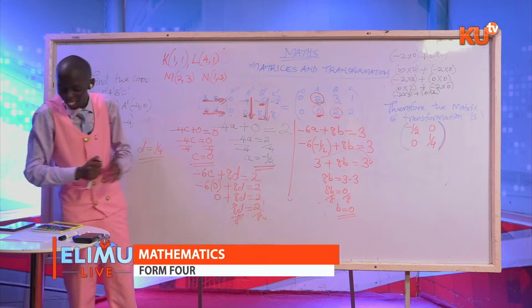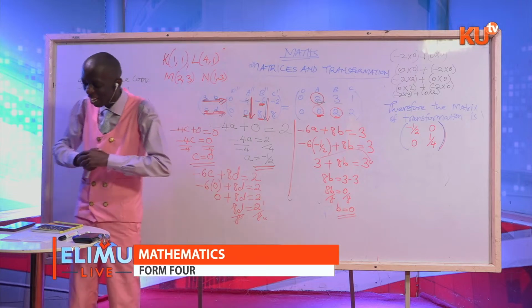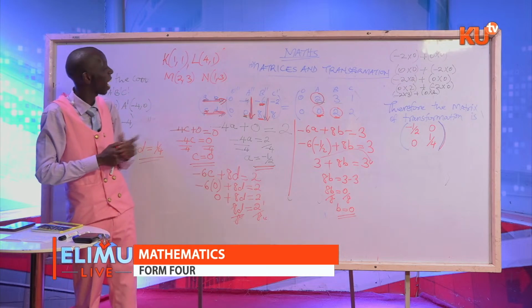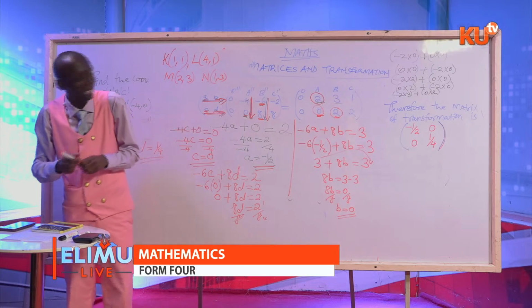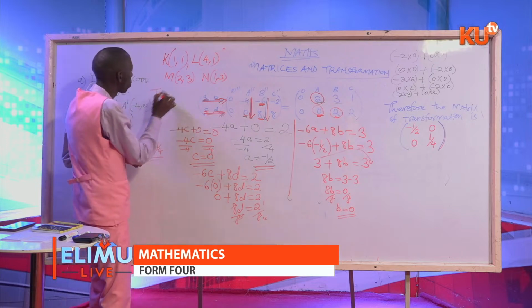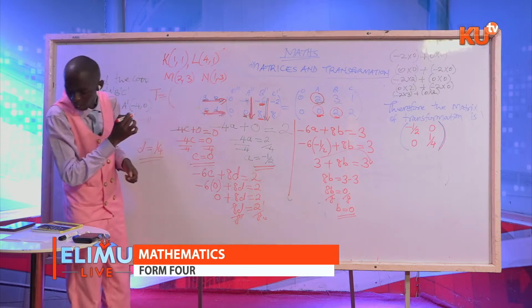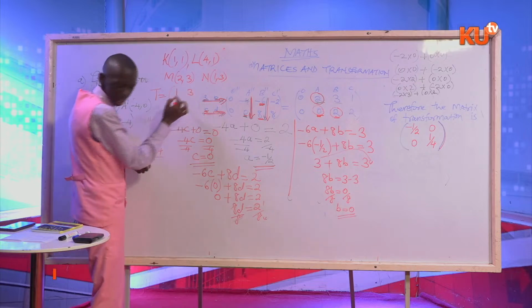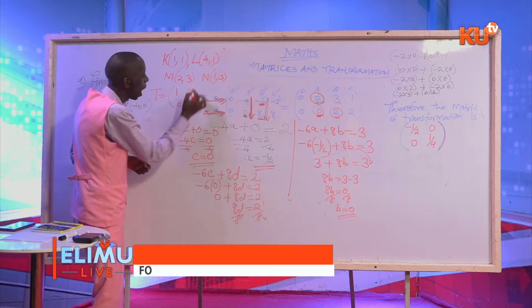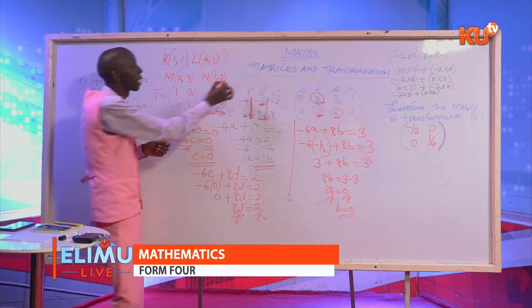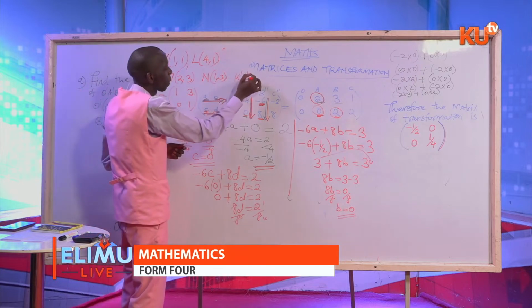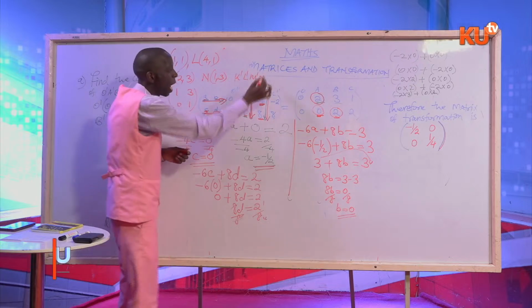So a quadrilateral with vertices K, L, M, N given there is transformed by a matrix T, (1, 3, 0, 1), to a quadrilateral K prime, L prime, M prime, N prime.